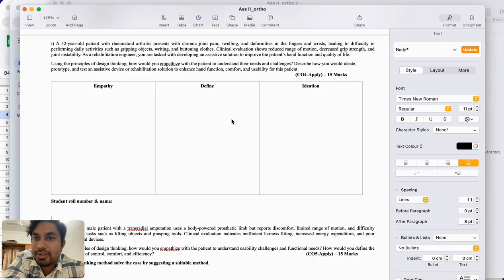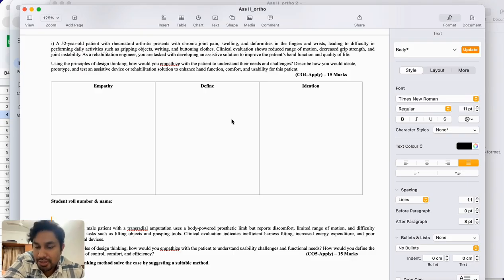A 52-year-old patient with rheumatoid arthritis presents with chronic joint pain, swelling and deformities in the finger and wrist, leading to difficulty in performing daily activities such as gripping objects, writing and buttoning clothes, because most probably these kinds of people will always have problems with these. Clinical evaluation shows reduced range of motion, and ROM is very important in these kinds of cases, along with decreased grip strength and joint instability.